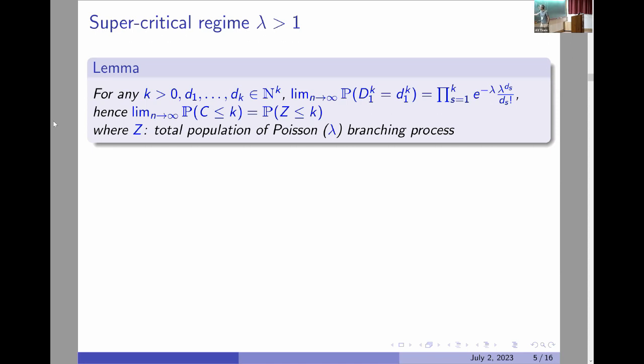And when this is order 1, then this converges to a Poisson random variable with parameter lambda. So in other words, my exploration has a set of numbers involved that converges weakly to a set of IID Poisson random variables.